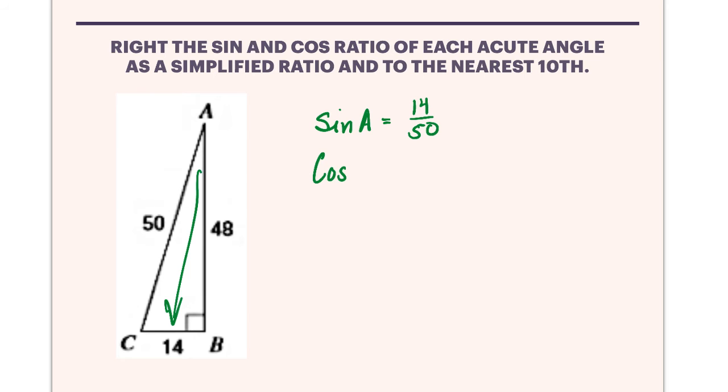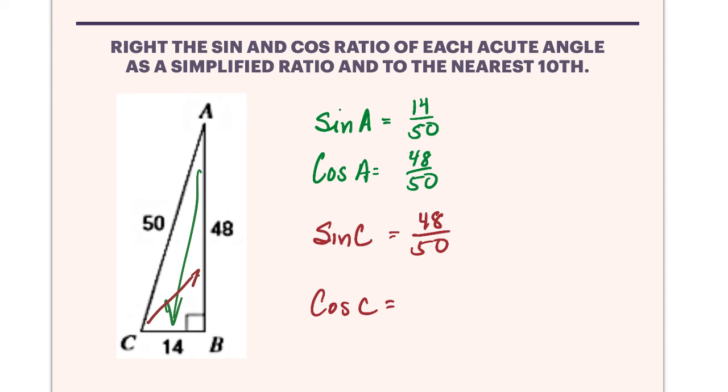And then cosine A has to be 48 over the hypotenuse. Sine of C in this case, opposite is 48 over hypotenuse, and cosine adjacent, which is 14 over hypotenuse.